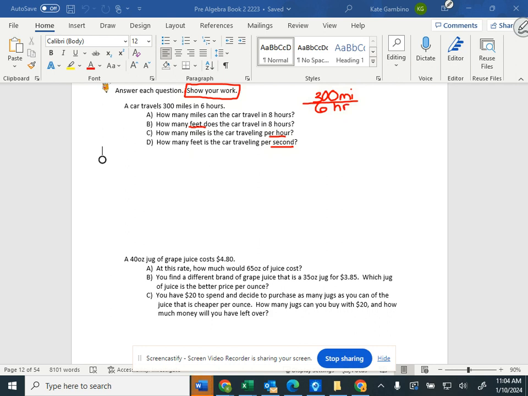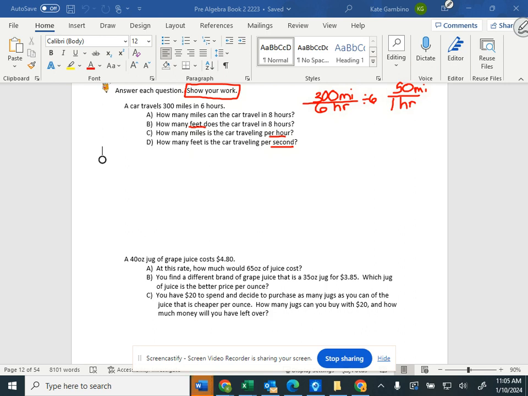How do I find the unit rate, Jude? You divide 300 by 6. I divide both the top and the bottom by 6. Because remember that unit rate means we have 1 hour on the bottom. So 6 divided by 6 is 1 hour. 300 divided by 6 would be how many miles in 1 hour? 50. Oh, I wrote it before you said it. 50 miles in 1 hour.